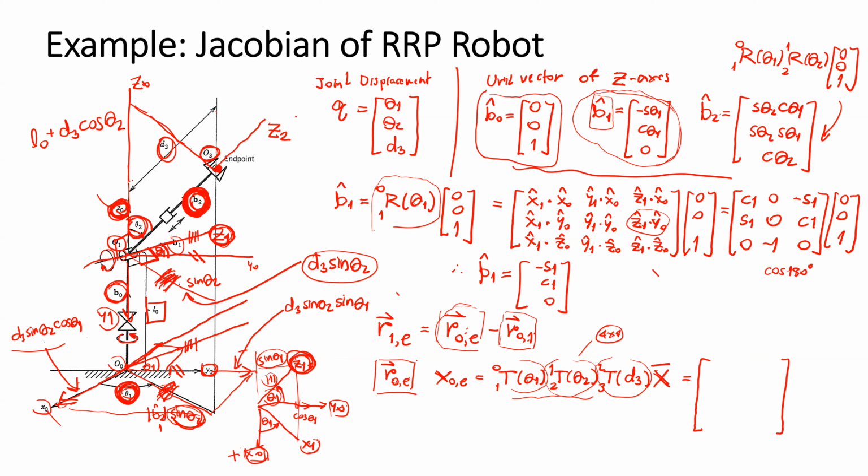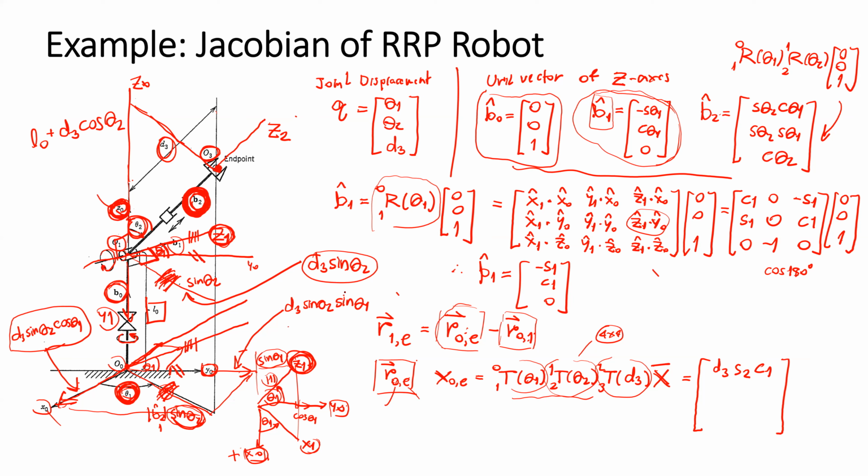So the relative position vector from the origin of the base frame to the origin of the end effector frame will be, for the x-axis, D3 sine theta 2 cosine theta 1.